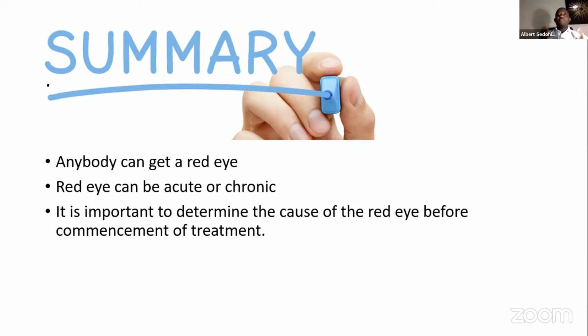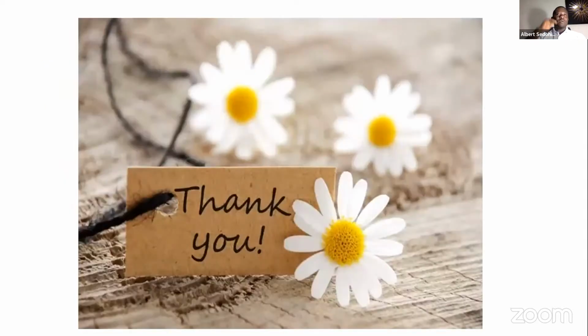Now, in summary, what I learned is that not all red eye is the same. So if you have a red eye, redness of the eye, you and I don't have the expertise to know fully what the underlying cause could be. It could be a red herring, just a tip of the iceberg. So we all need to go to the hospital. That's the essence of this weekly program, to give you expert knowledge so that when you think you have a problem, you seek help.